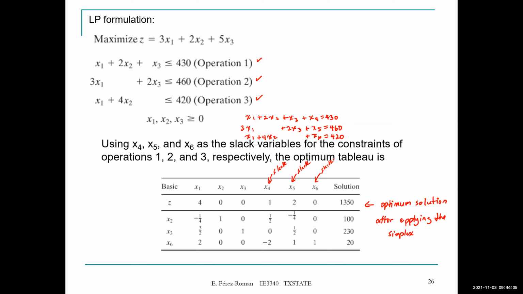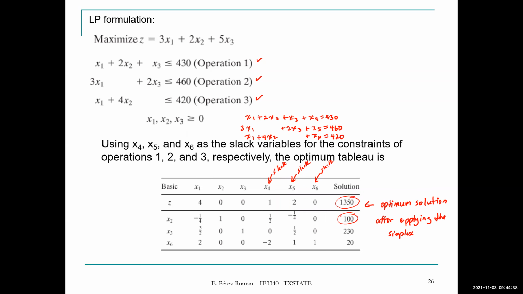So if you see the original constraints, now in red you have the equation form in which you have the slack variables. And then after applying the simplex method, this table at the bottom of the slide is showing the optimal solution. If you can observe, this optimal solution is telling us that the profit is here and that you have produced x2 equals 100.